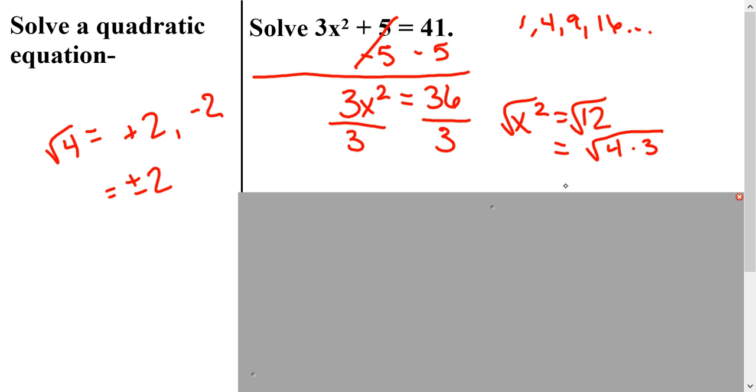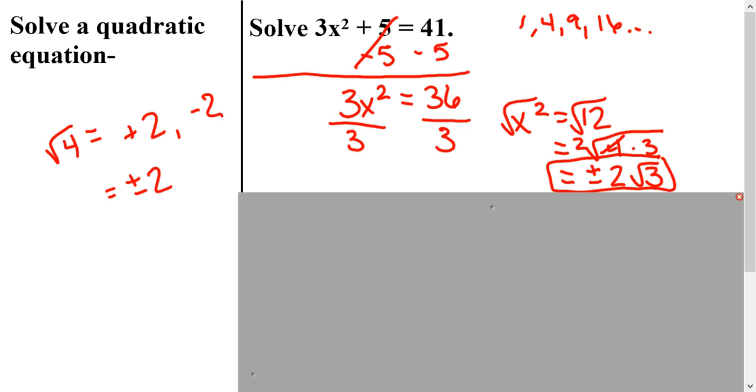Well, the square root of 4 is 2, but we just remembered that the square root of 4 could be positive 2 or it could be negative 2. So when you write your answers, whatever number that you take out is going to be plus or minus 2 times the square root of 3. So that would be your answer.